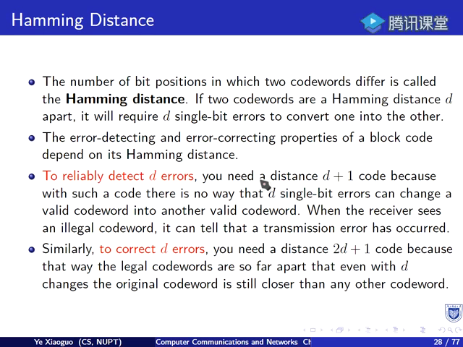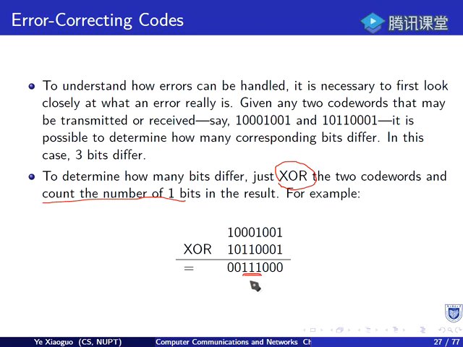The error detecting and error correcting properties of a block code depend on its Hamming distance. So what is the concept of Hamming distance? The number of bit positions in which two code words differ. For example, the number of different bits is 3.